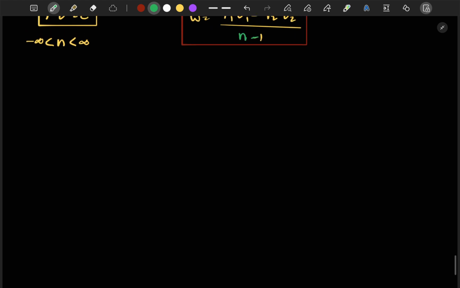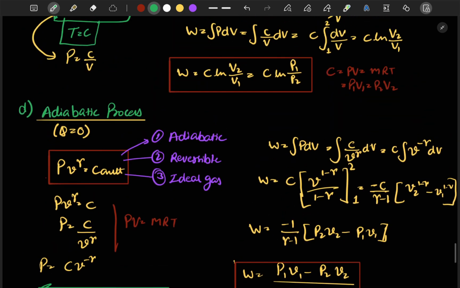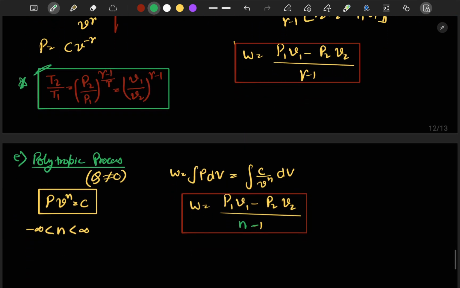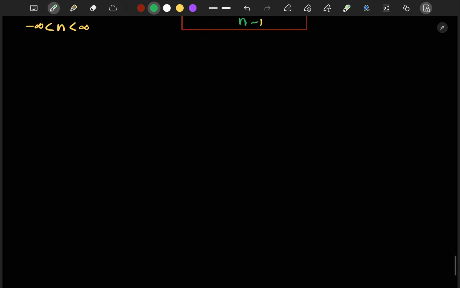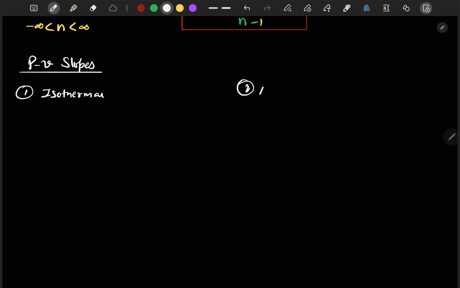So we will look at the slopes of the isothermal and adiabatic curves; whether we're talking about adiabatic or polytropic, both will have a different slope. So let's talk about PV slopes. The first one is isothermal, and the second is adiabatic.